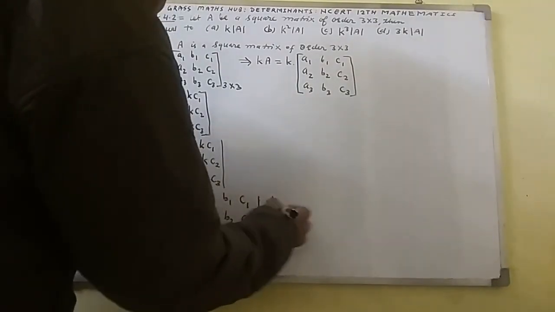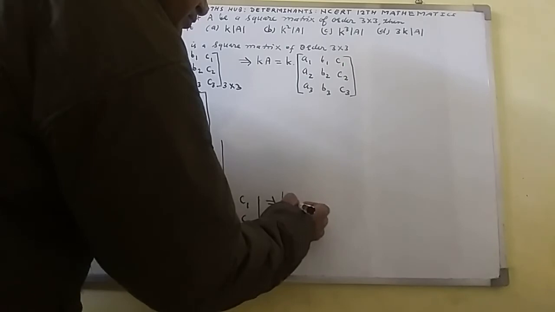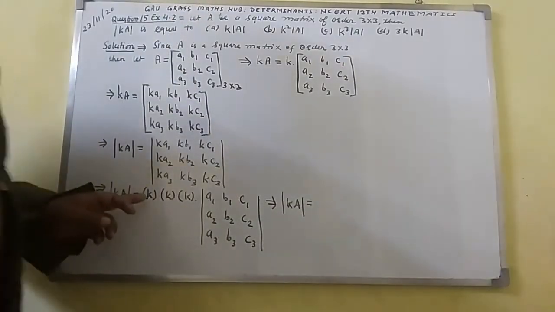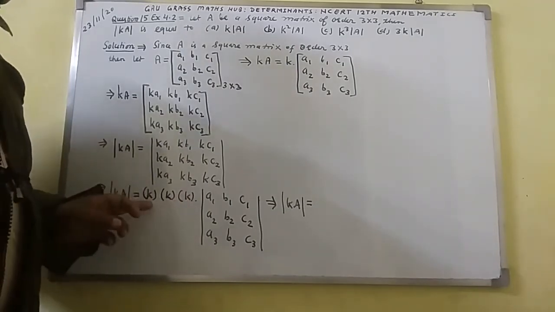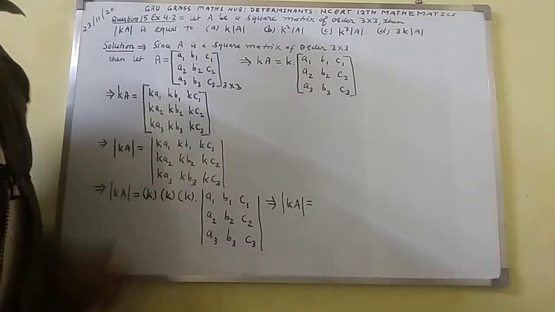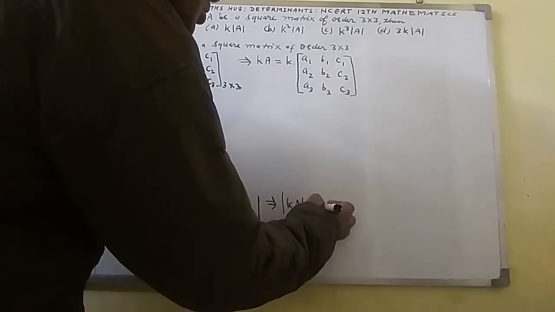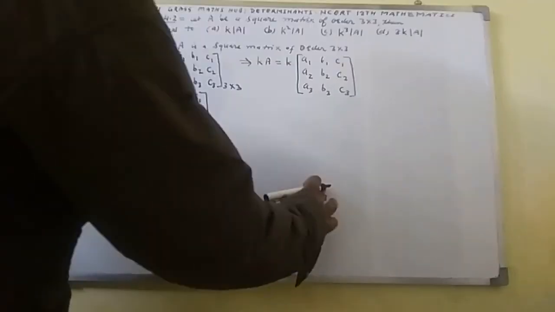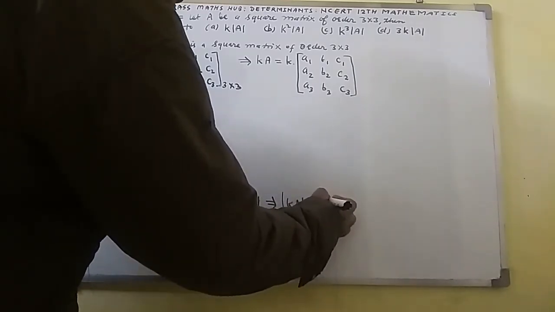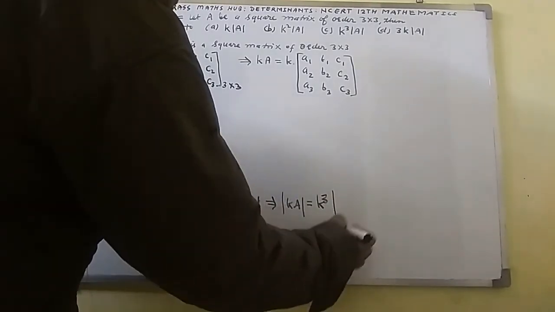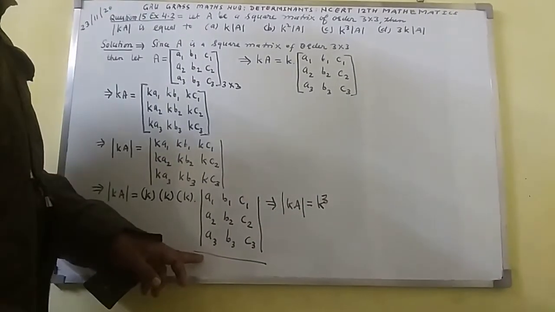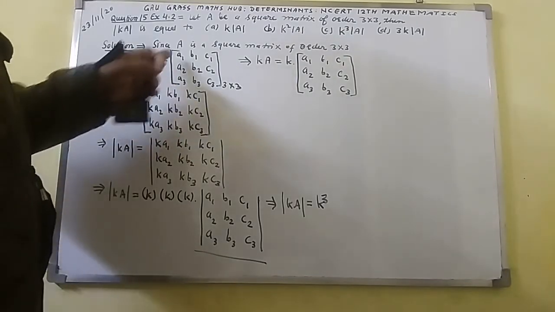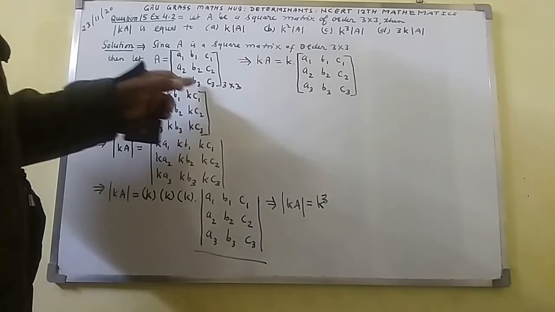So det kA equals small k multiplied by small k multiplied by small k. All these k's get multiplied, so we get k raised to power 3, and the whole thing comes out to be the determinant of the matrix A1, B1, C1, A2, B2, C2, A3, B3, C3.